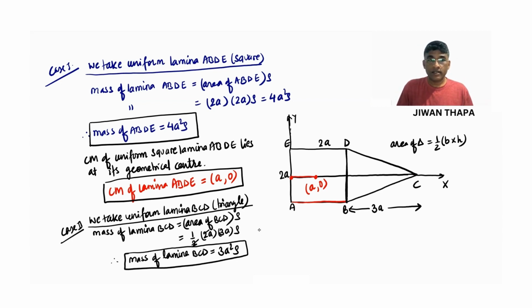We find the center of mass of the uniform triangular lamina BCD. So I'm writing in this way, the center of mass of lamina BCD, okay. Before finding this, let us understand this concept.